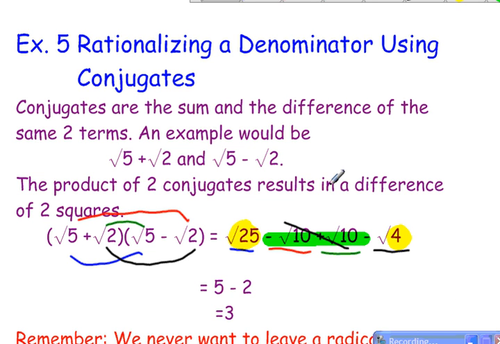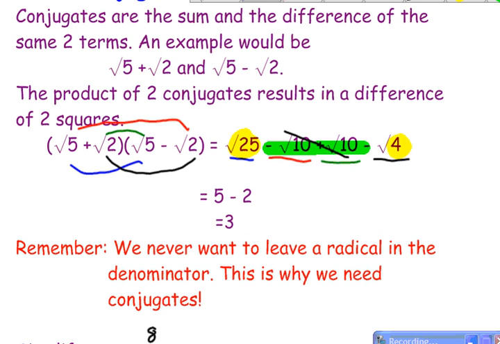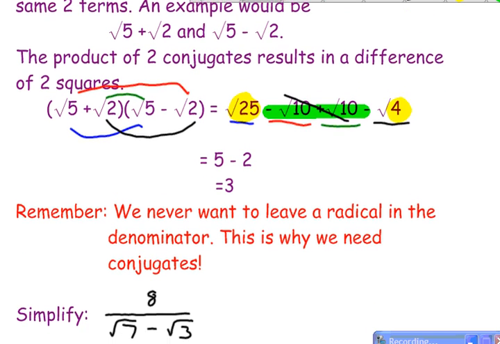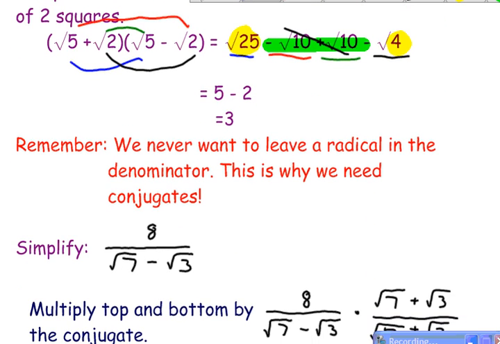As I bring it down, square root of 25 is 5, minus the square root of 4, which is 2, and 5 minus 2 equals 3. Remember, we never want to leave a radical in the denominator. This is why we need conjugates.